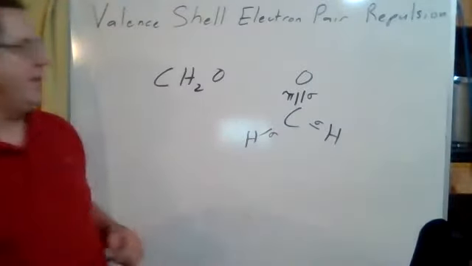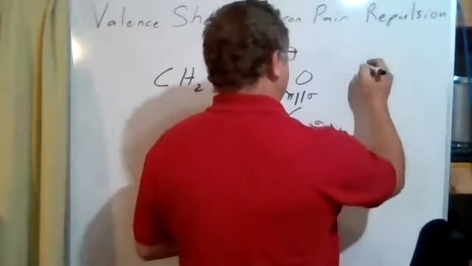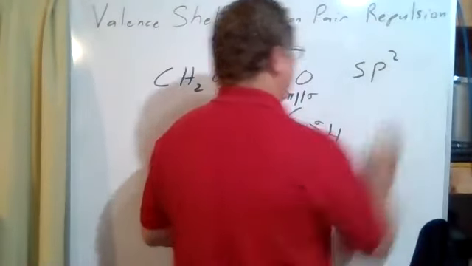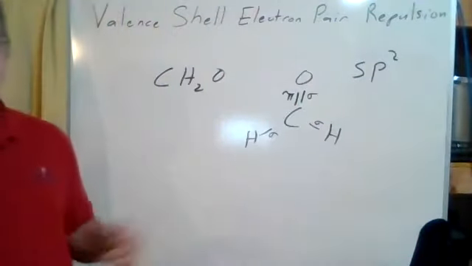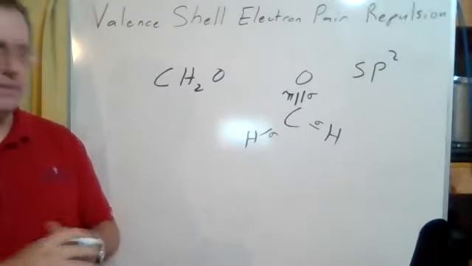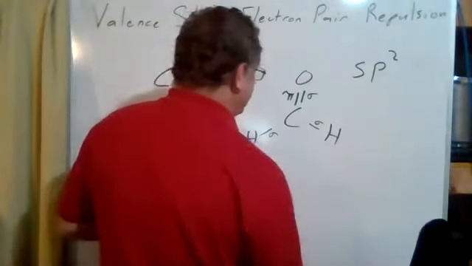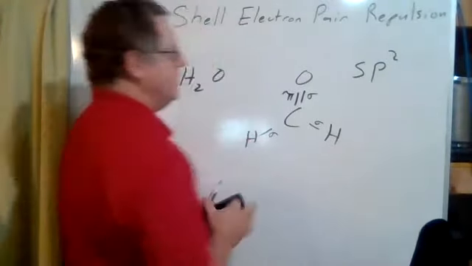If I count the 3 sigma bonds, I get sp2 hybrid orbitals, which also goes with our trigonal planar, okay? So if I have a double or triple bond, I only count the sigma bond when I'm determining the areas of electron density. But there's more.